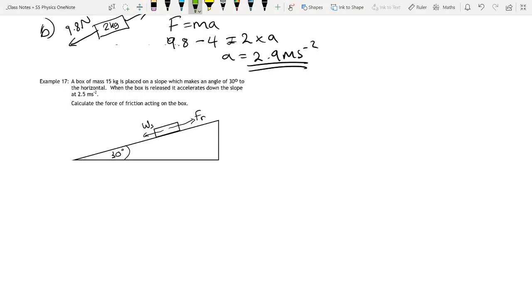So draw in our triangle. It's the same triangle every time. That'll be the same as the 30 degrees, 60 degrees.